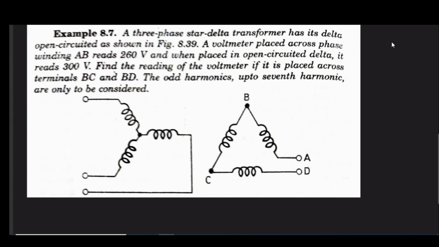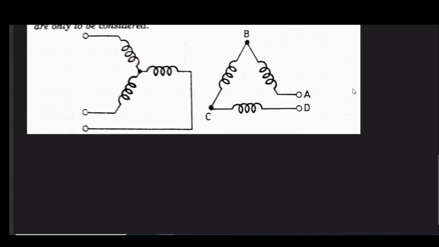Find the reading of the voltmeter if it is placed across BC and BD. So what is the funda? It's very simple. The delta is open circuited. The voltage across winding AB is what?